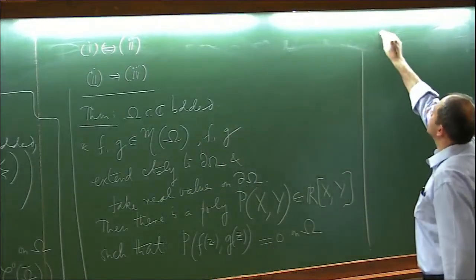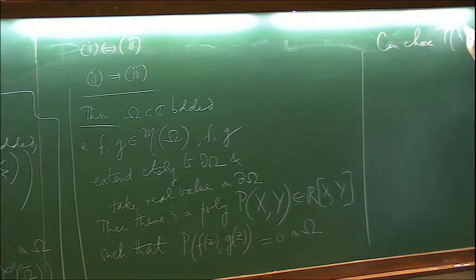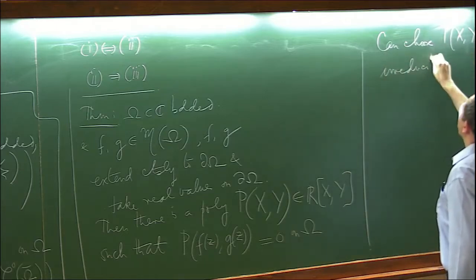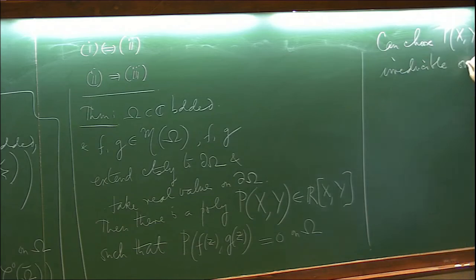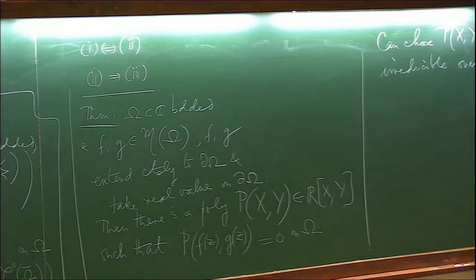And furthermore, we can choose this polynomial P to be irreducible over C. So this is saying that whenever you have a pair of such functions that are real valued, then they must be algebraically dependent.